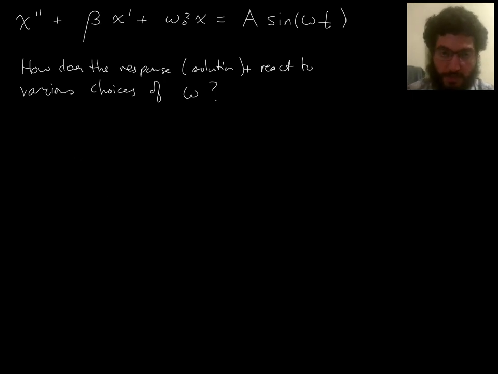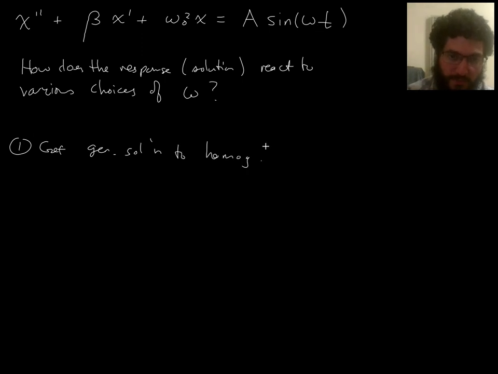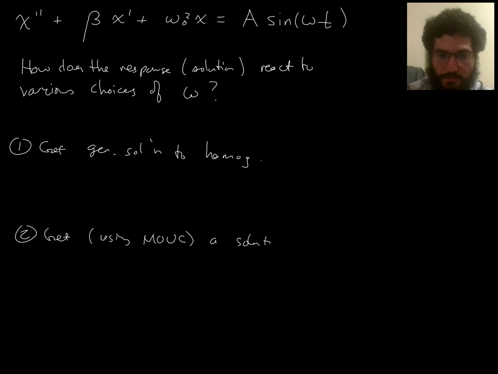To analyze this, you're going to do basically the same thing, where you get your fundamental solutions, your general solution to the homogeneous version of this, where you set this equal to 0, and then you somehow, probably using the method of undetermined coefficients, get a solution to the non-homogeneous, the full thing.